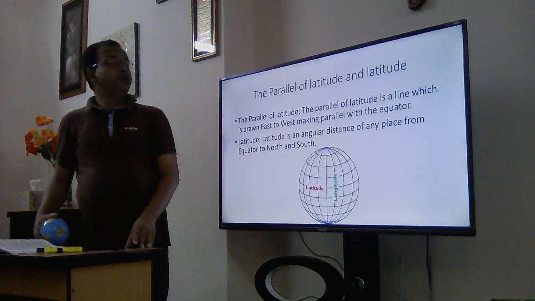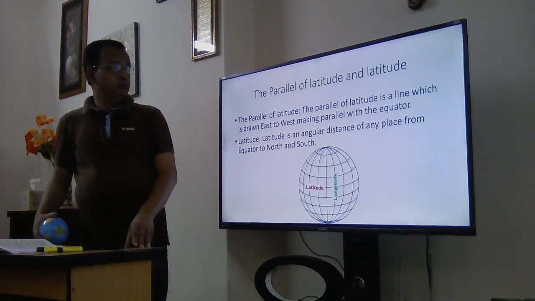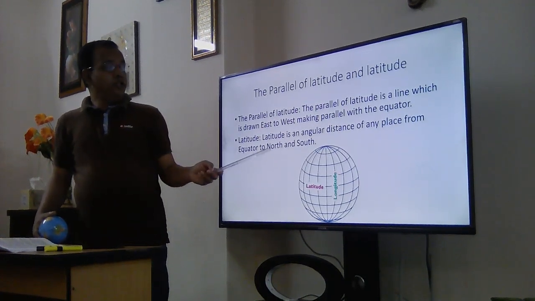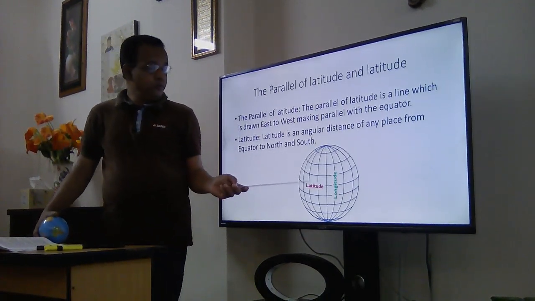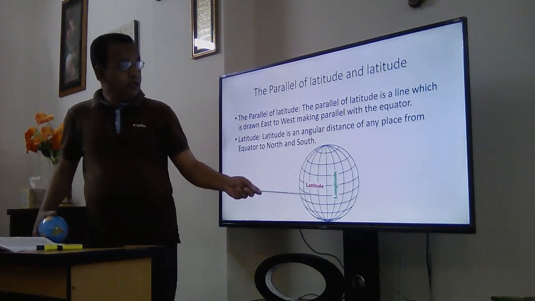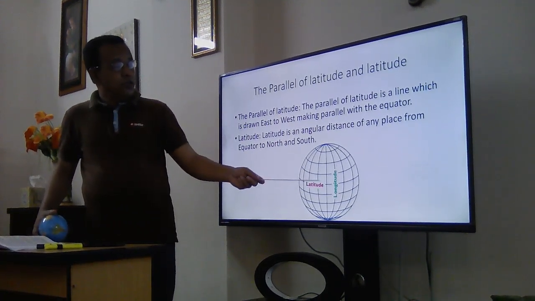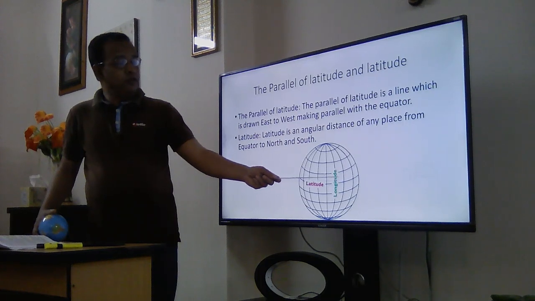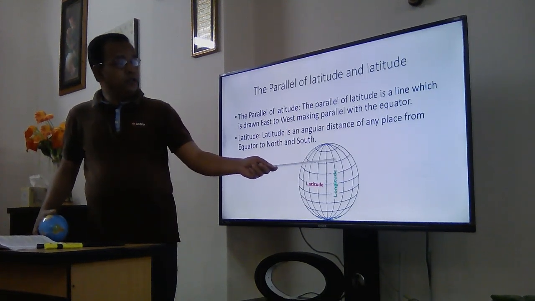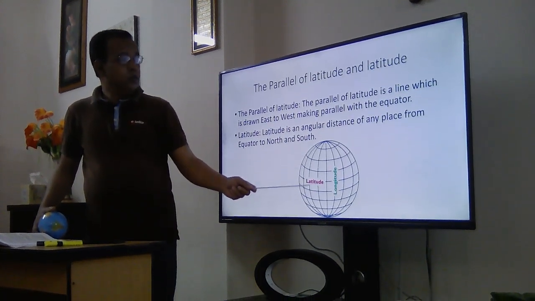Then, the parallel of latitude and latitude. You have to know what is meant by parallel of latitude. Parallel of latitude is a line which is drawn east to west, making parallel with the equator. If I think this line is the equator, then this line and this line are the parallels of latitude.